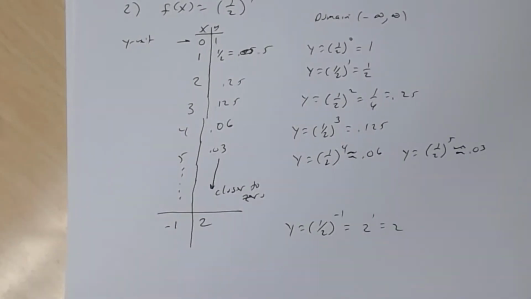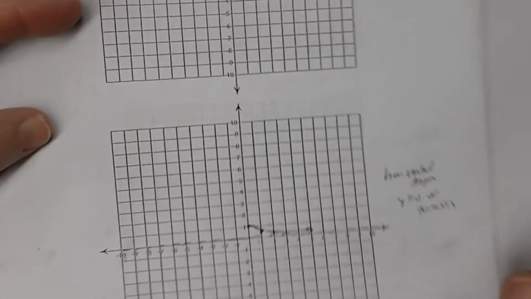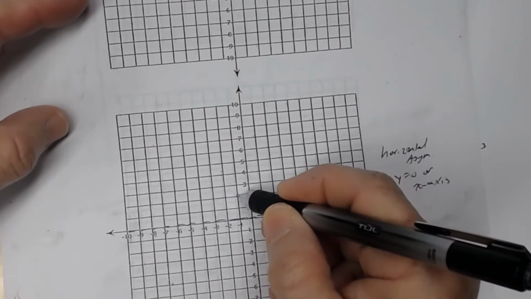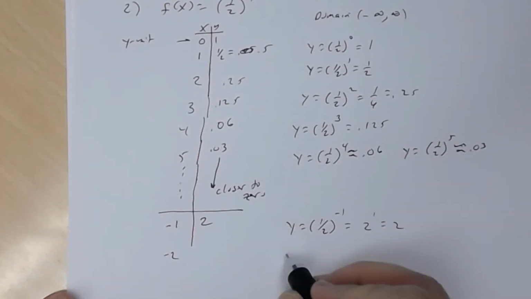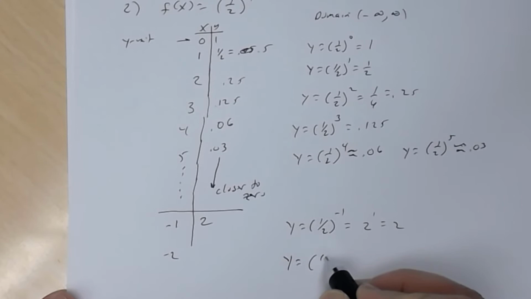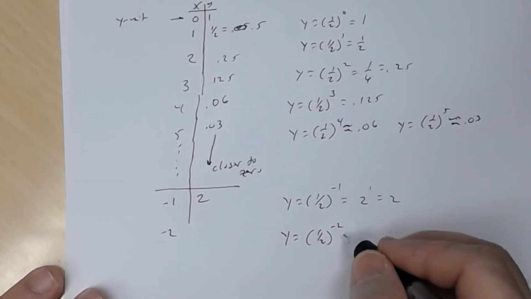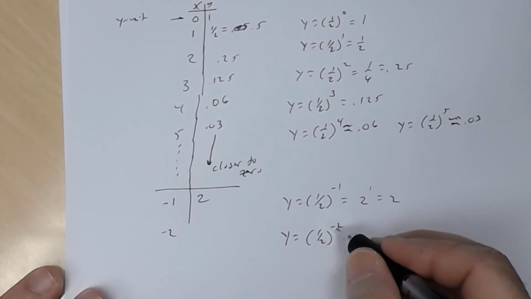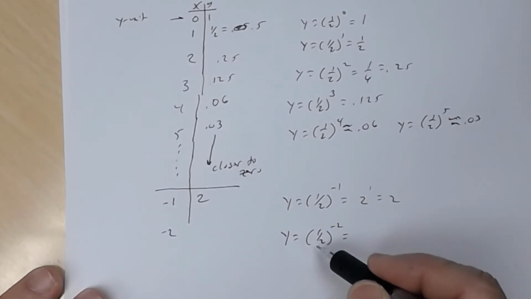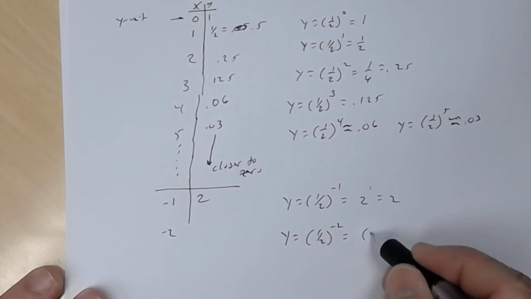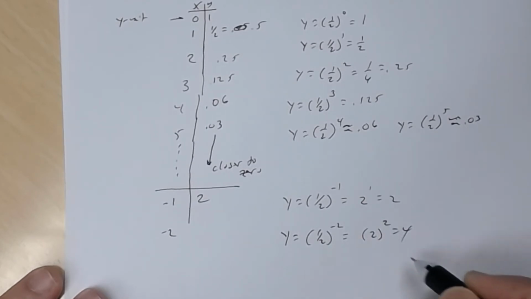So I'm going to plot the point -1, 2. When I plot the point -1, 2, I get this. Now let's look at -2. In this case, I get y equals 1/2 to the -2nd power. So again, to make this exponent positive, I'm going to take the reciprocal of the base. The reciprocal of 1/2 is 2, and 2 squared is 4.